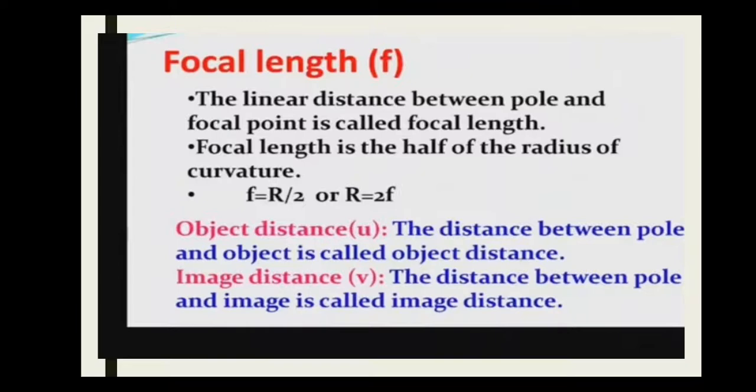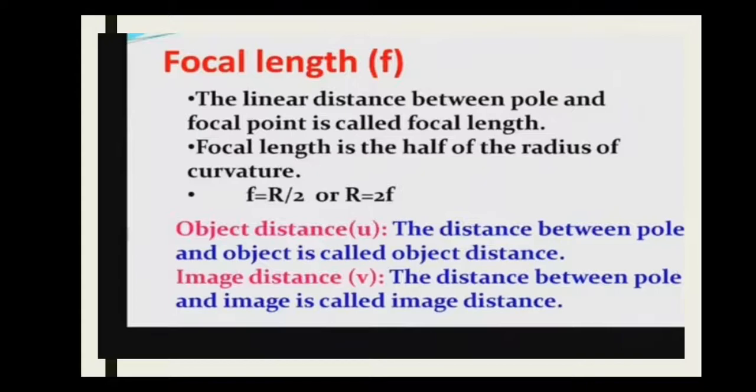So listen, focal length. What is the focal length? The linear distance between the pole and the focus is called focal length. Focal length is half of the radius of curvature. It is denoted by small f.